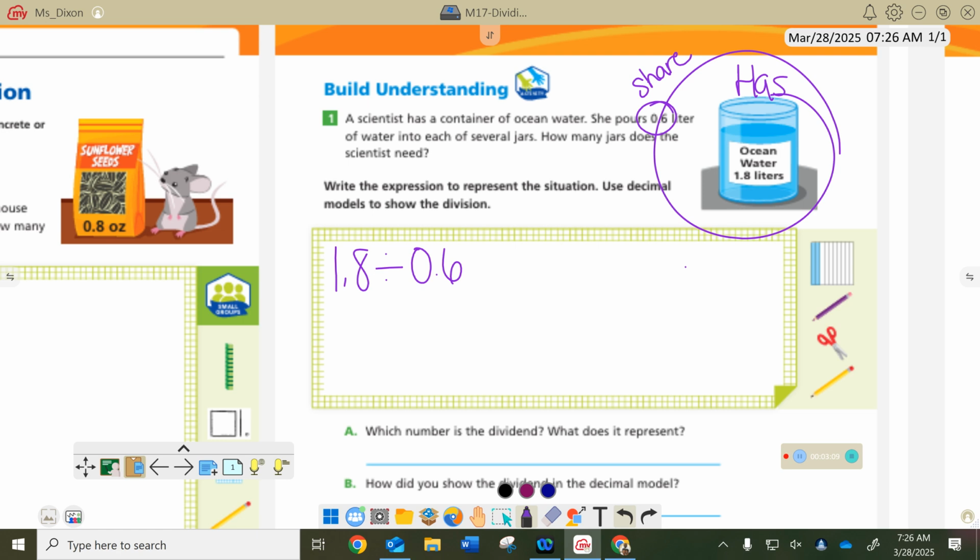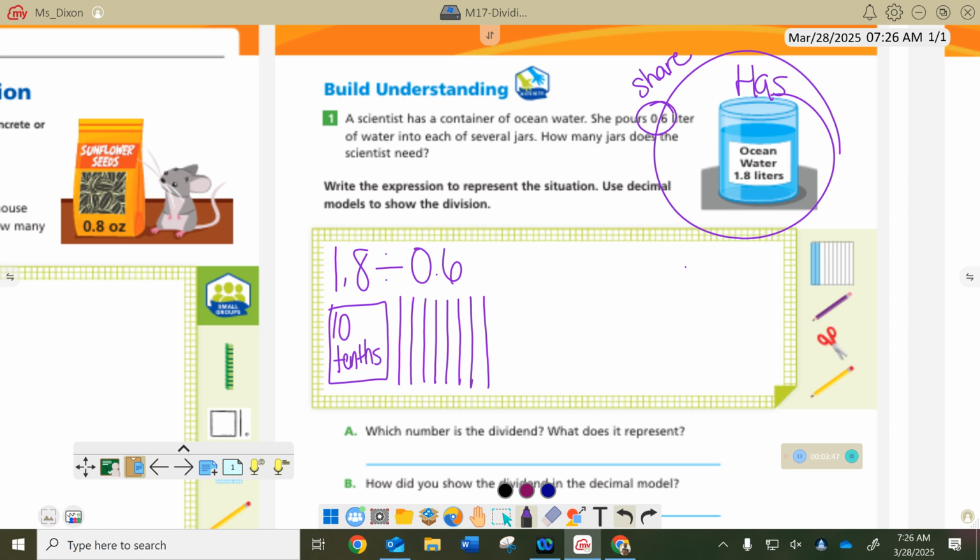Alright, so let's start off our visual model by representing our dividend and our divisor. For the dividend, we want to draw one whole, and 1, 2, 3, 4, 5, 6, 7, 8, 8/10. Don't forget that this one whole is also 10/10.